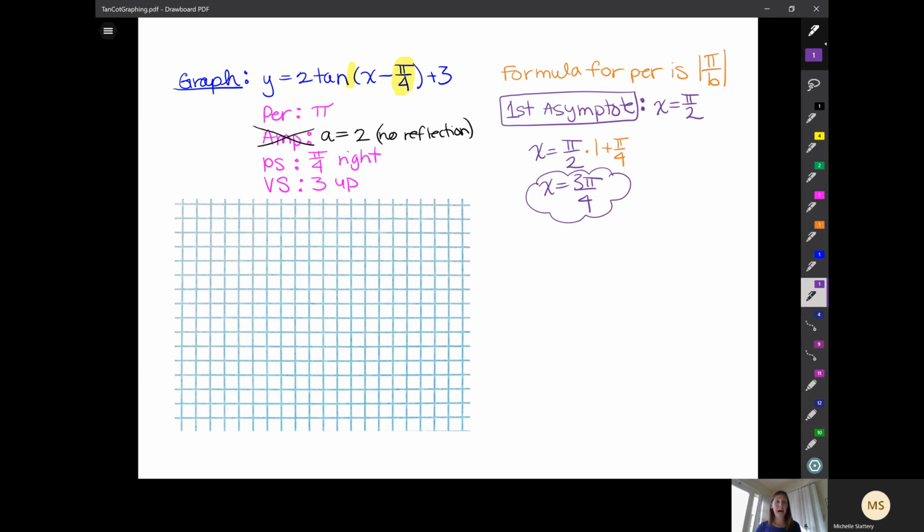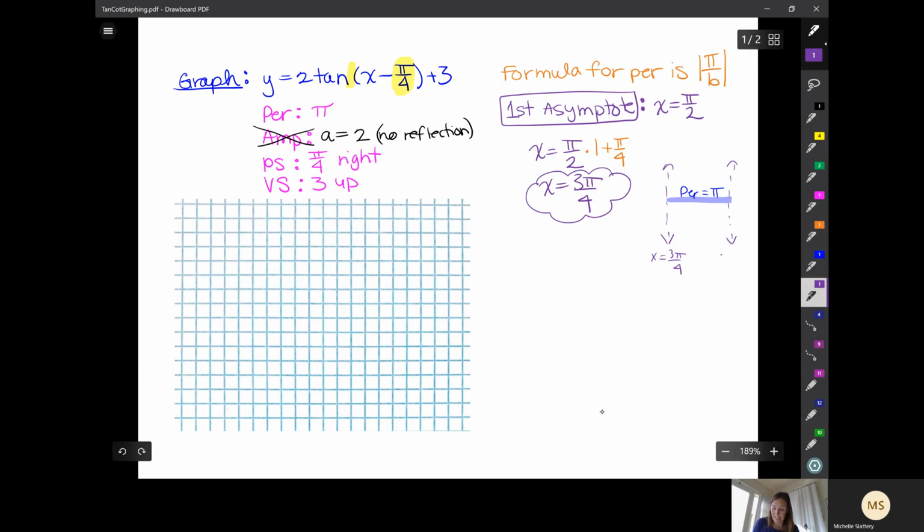I know that my period is pi, so the distance between the asymptotes is the period, right? So I'm going to have one asymptote. Just going to make a quick little sketch here. x equals 3 pi/4. My next asymptote to the right or to the left is going to be a distance of the period, and my period in this case is pi.